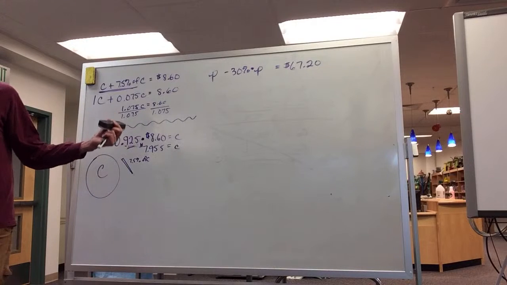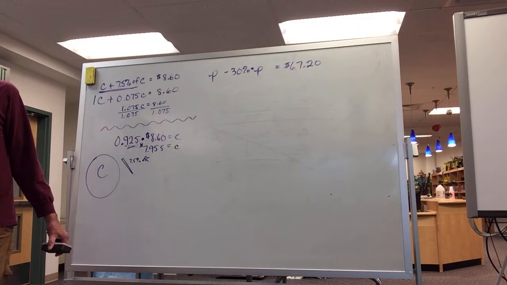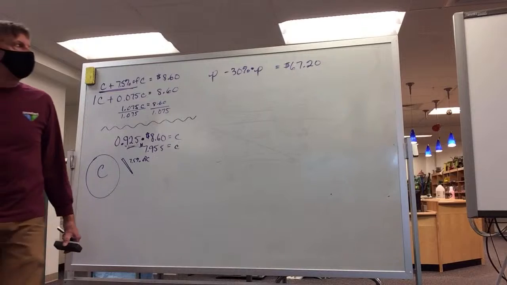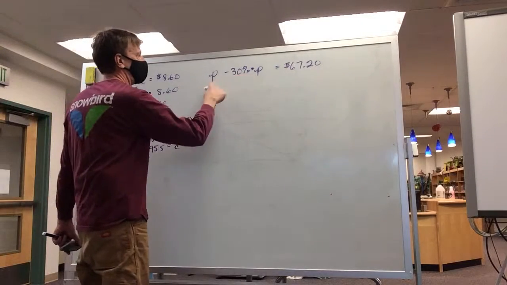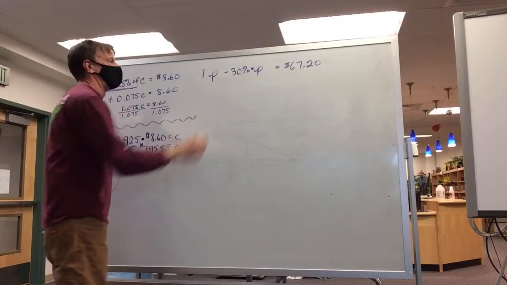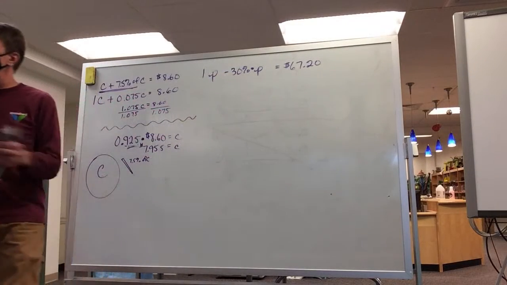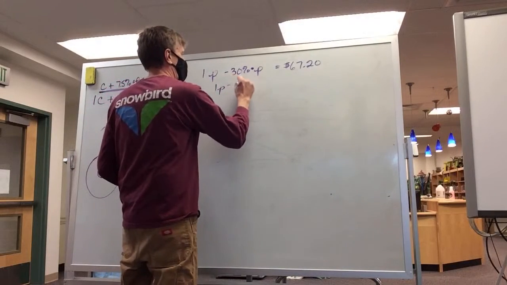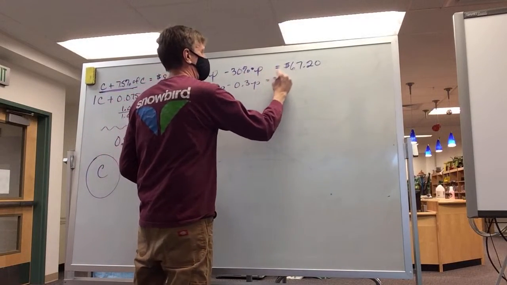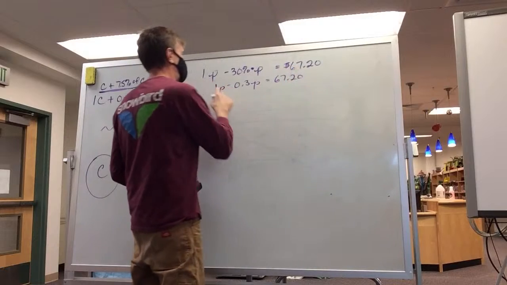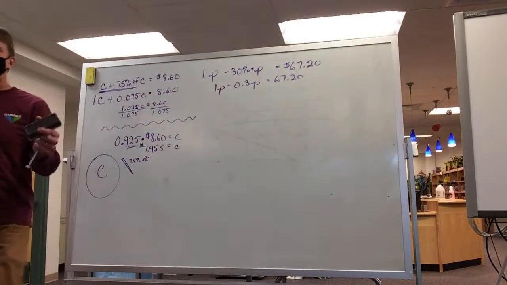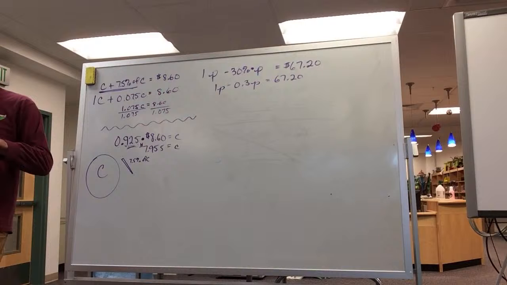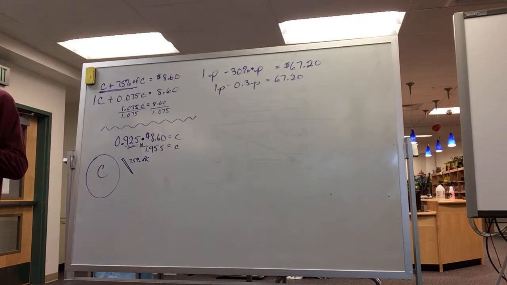But you don't know what the original price was. So if you started like this right here, how do you write 30% as a decimal? And then what is 1p subtract 0.3p? How much? 0.7.